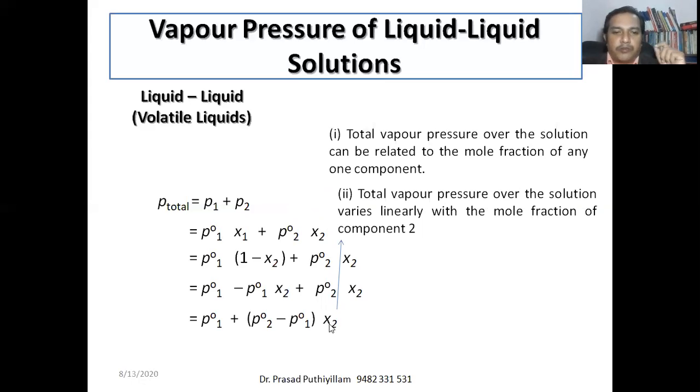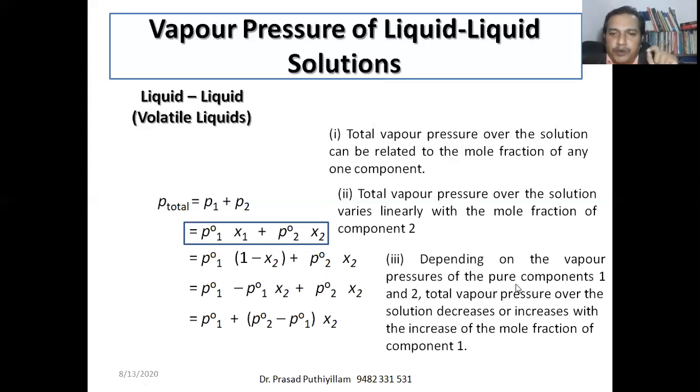That means if the mole fraction x2 of component 2 increases, P total, that is the total vapor pressure, will be increasing. If it decreases linearly, the total vapor pressure also will be decreasing. The third point: depending on the vapor pressure of the pure components 1 and 2, the total vapor pressure over the solution decreases or increases.